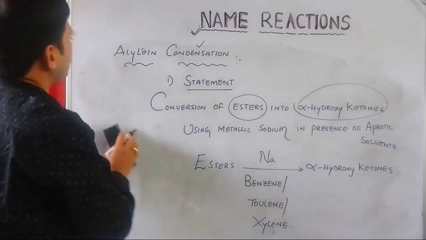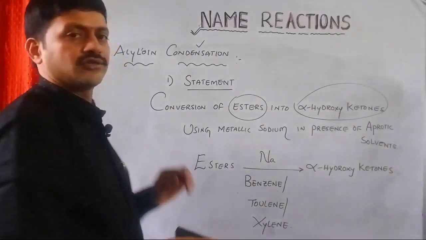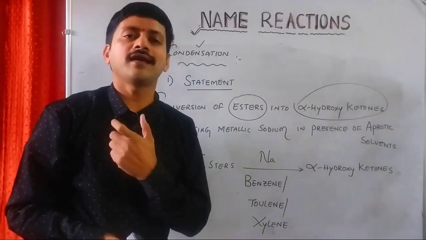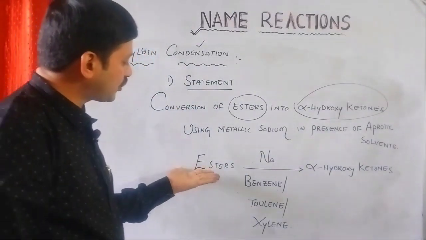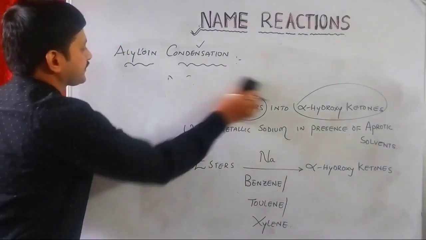Right? The second component in the format is the general equation. How can we symbolically represent the conversion of esters to alpha hydroxy ketones?